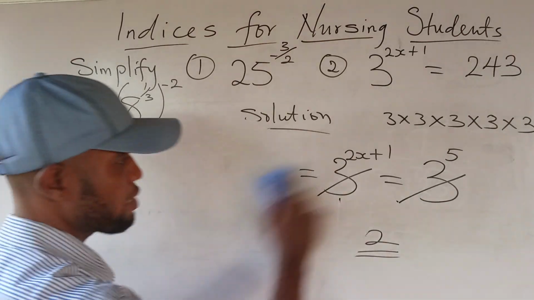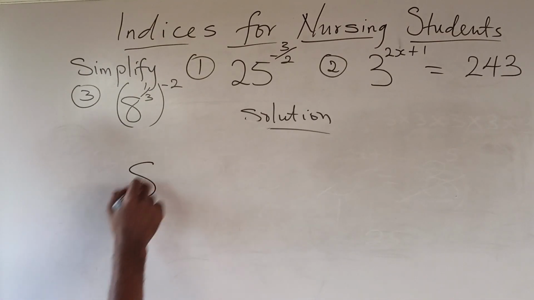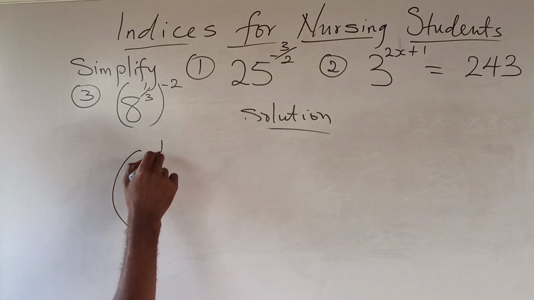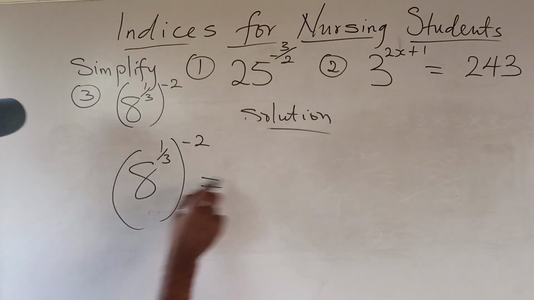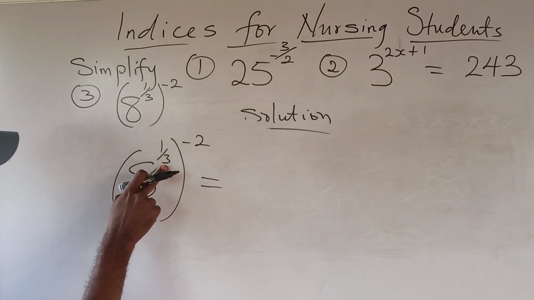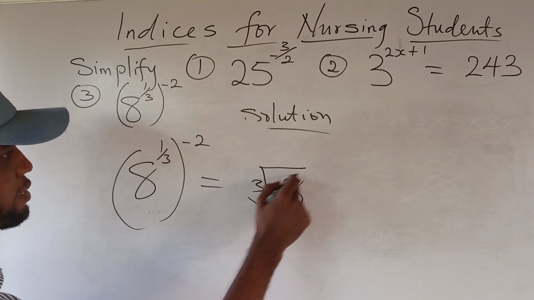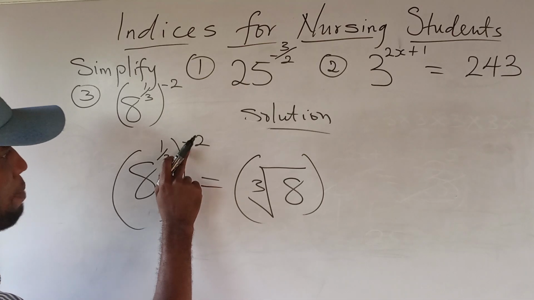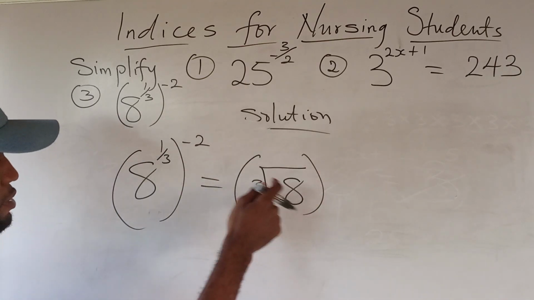So now to the last question, we have 8 raised to power 1 over 3 in brackets, all raised to power minus 2. So we have to clear what we have inside this bracket. This time around, the denominator is 3, so that will become cube root of 8, then raise it to the power of 1, but anything raised to power 1 will give us the same thing.